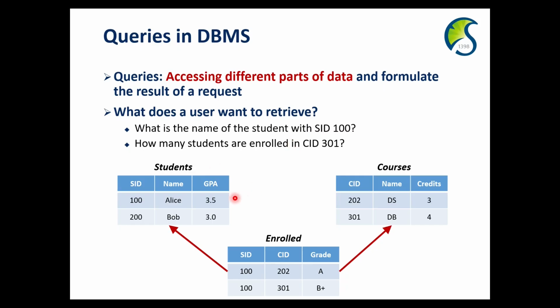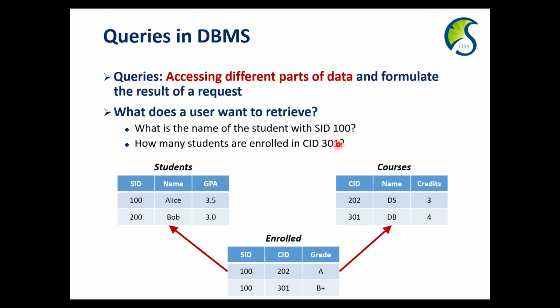In that case, you can just write your SQL statement. You can also specify SQL to find how many students are enrolled in CID 301. These are typical examples of queries.